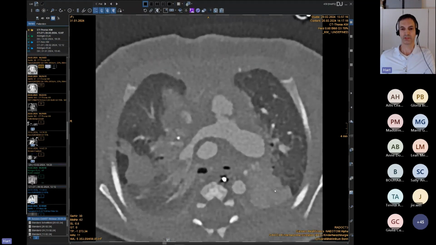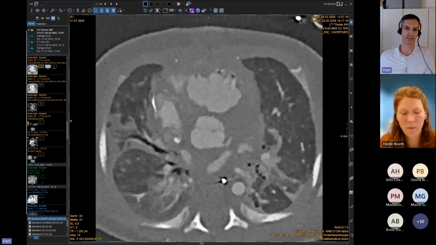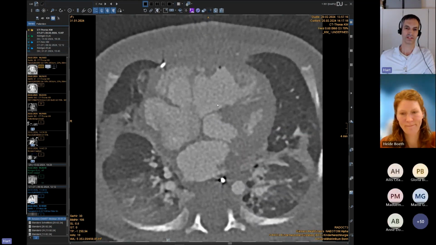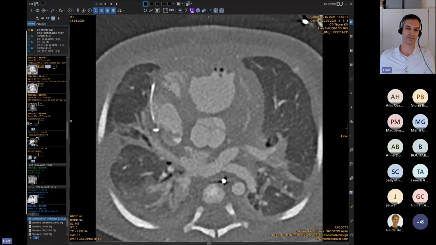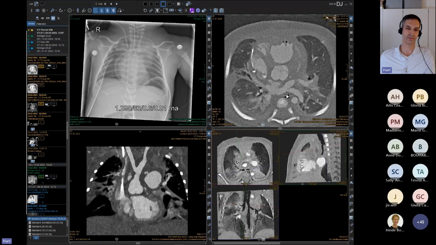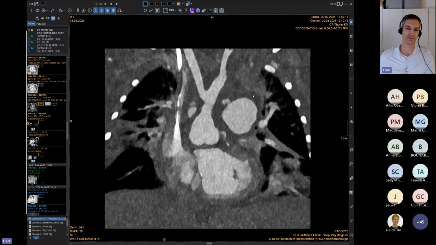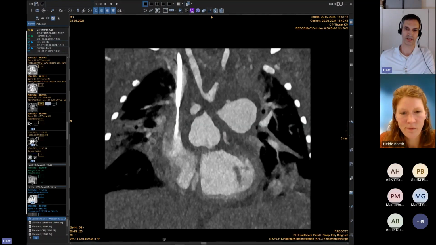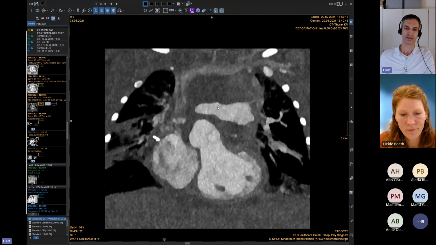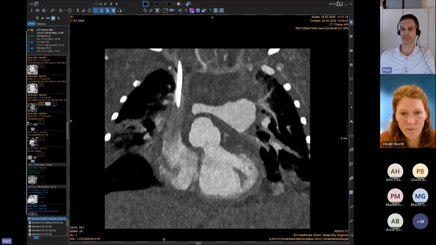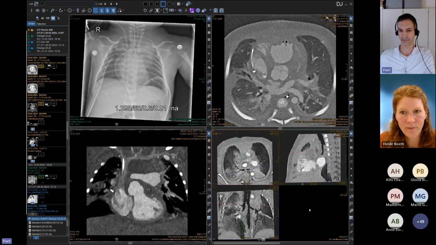But still we have problems in the lungs, of course, but VSD is closed, so we had a good post-operative course. And this is the same view, coronal view. You see still enlarged, but smaller than it used to be. This is the right pulmonary artery over here.